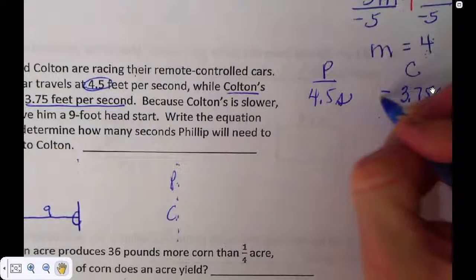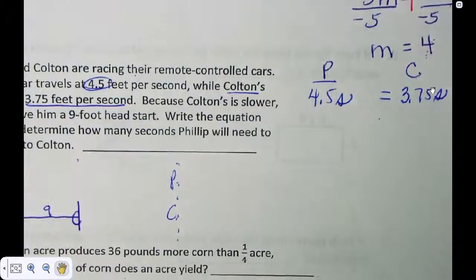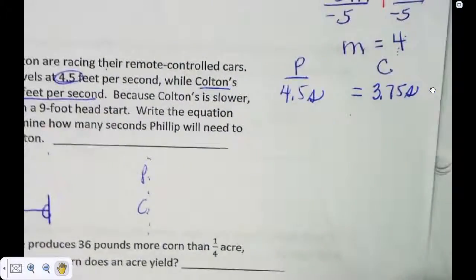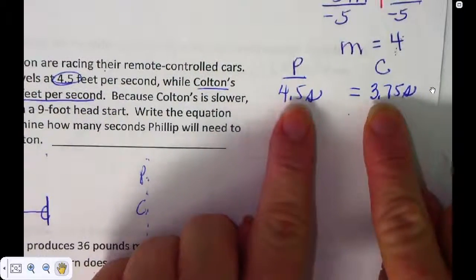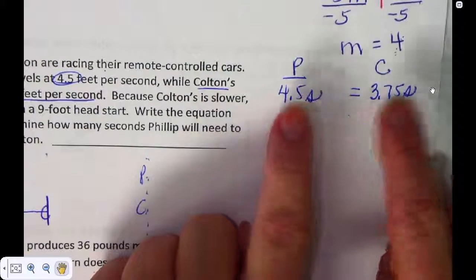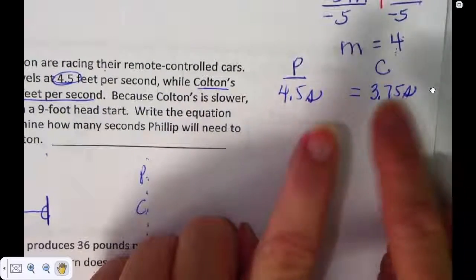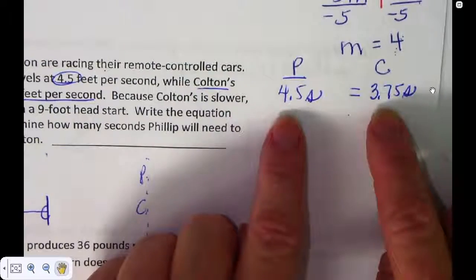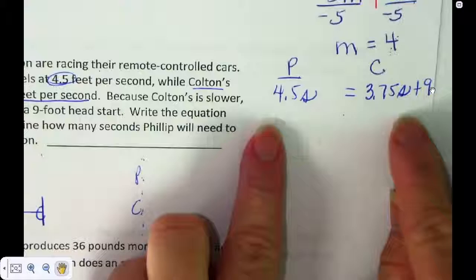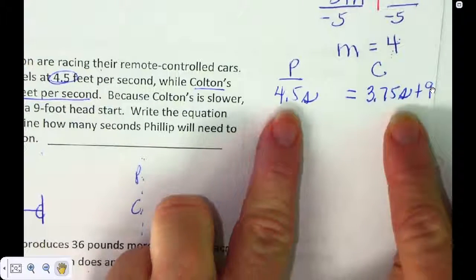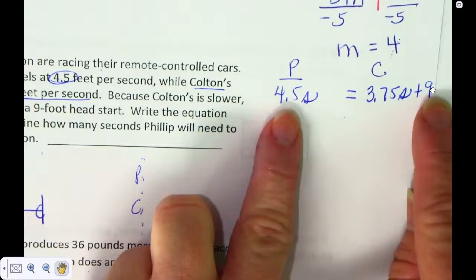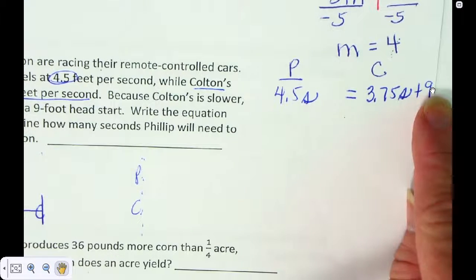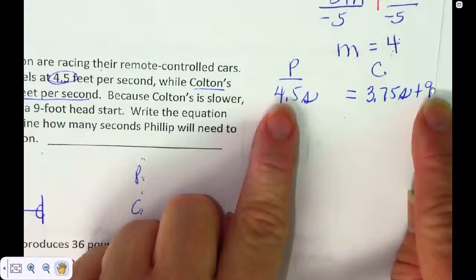So to make them equal, we need to do something to this equation because they're not going to travel the same, right? Colton got a what? 9 foot. So where are we going to add 9? Which side? To Colton's side to make them equal. Guys, you see where Shelby got that? To make them equal, we have to add 9 to Colton's.